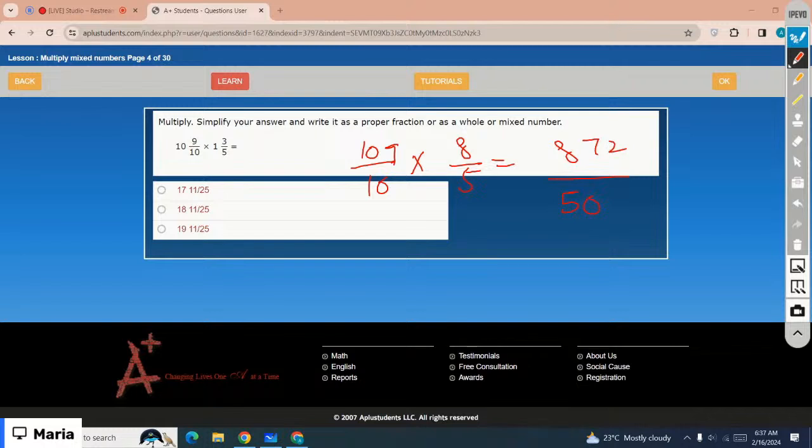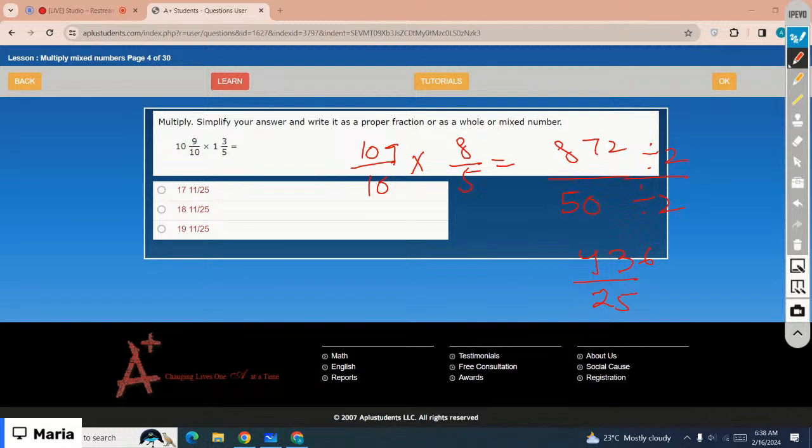You have a common denominator 2. You can divide them by the common number 2. That is 2 times 4 is 8, 2 times 3 is 6 and 2 times 6 is 12 over 25. Now you can divide 436 by 50. Sorry, 436 by 25 is 17 whole 11 over 25.